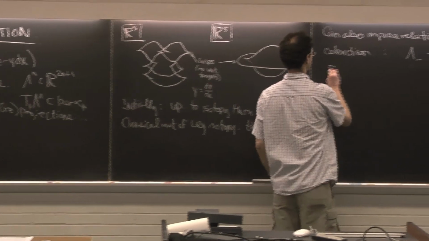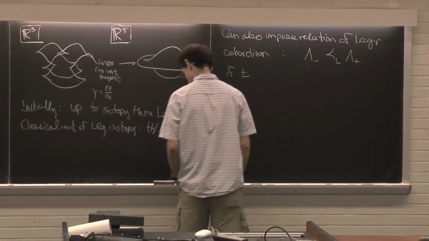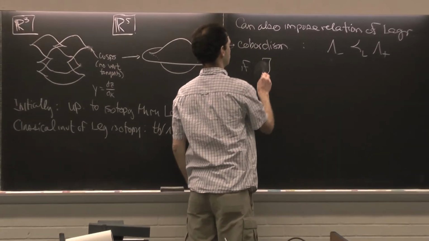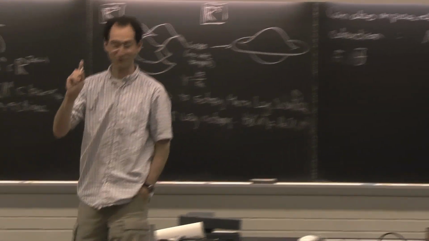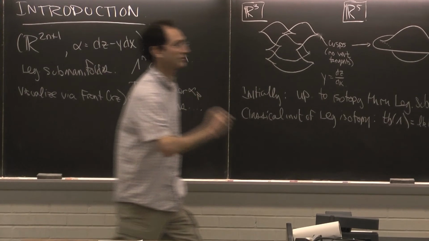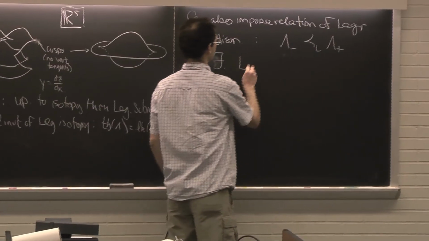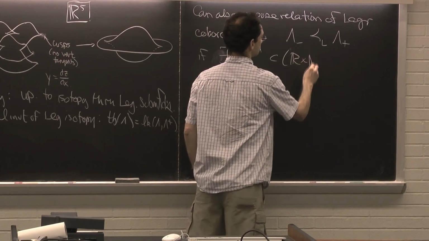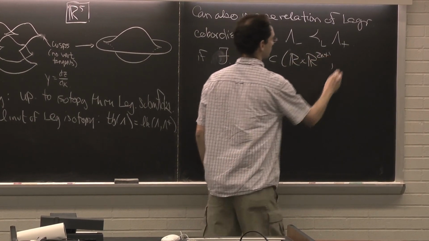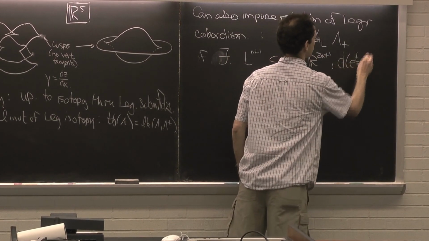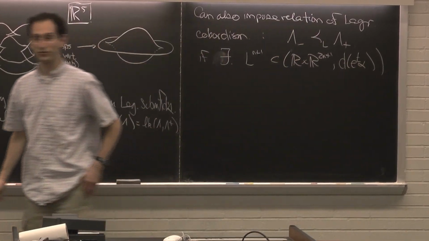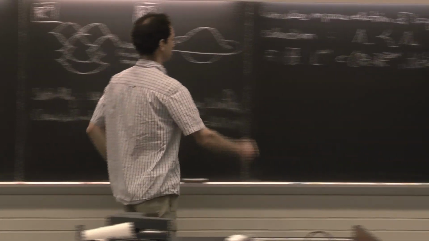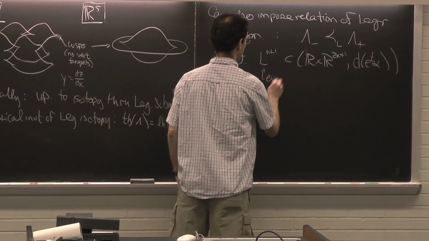if there exists, not for all, but if there exists a submanifold inside the symplectization of our standard contact space, and we want this to be an exact Lagrangian.